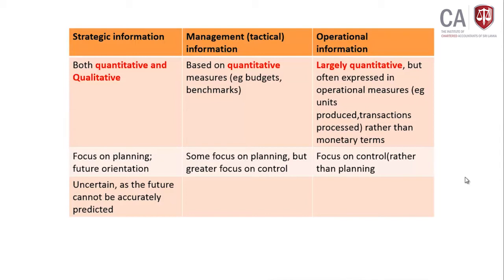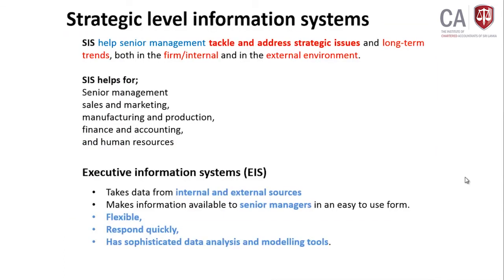Budget, benchmark is there. Largely quantitative, such as the number of products developed at the operation level will be measured. Focus on planning, future oriented. Planning, but with greater focus on control than planning. Those are the things you can understand.